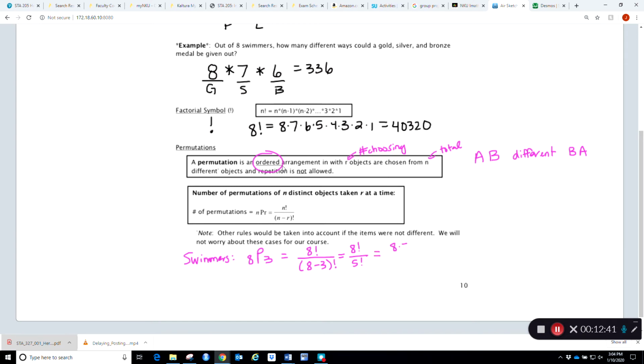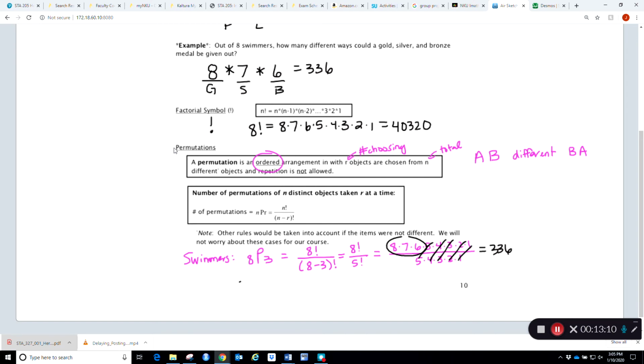If you write out what each of these factorials are, you're going to see the nice simplification to get what we already did. We just end up at this 8 times 7 times 6 that we did above to get that 336.